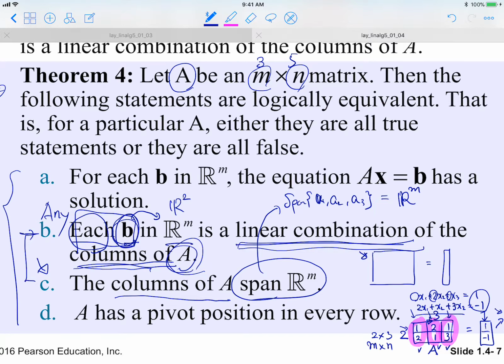Okay, and now let's think about the last item, and when this case is true.